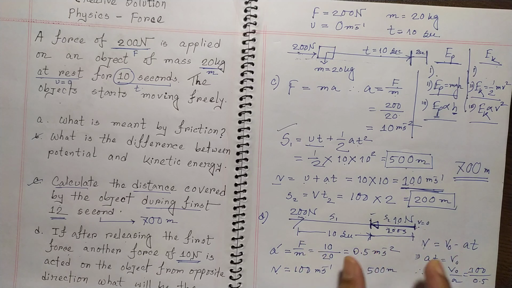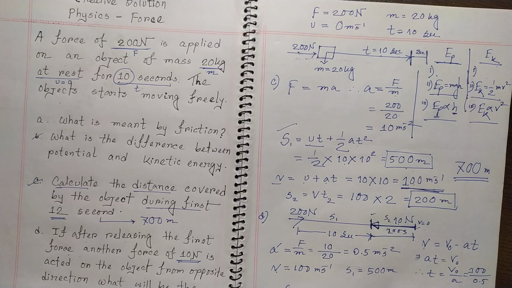Now think about how much distance the object will traverse in 200 seconds. S2 is equal to the initial u t, and now it would be minus half a t squared, because this a is negative. The initial velocity is 100.